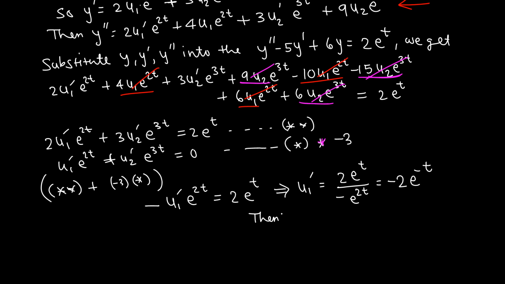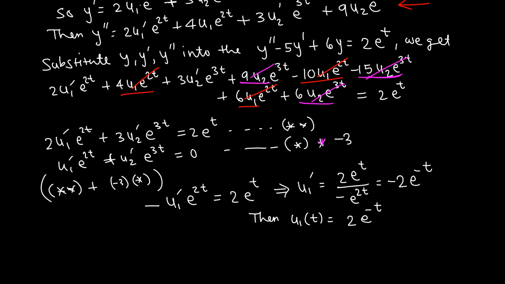Then we can integrate both sides with respect to t to get u1 as a function of t. Integration of e to the -t is itself divided by -1, that makes +2 e to the -t. That's u1. So from these two equations, we cancel the second terms, then we found u1.